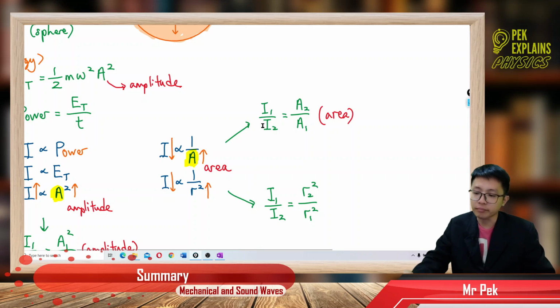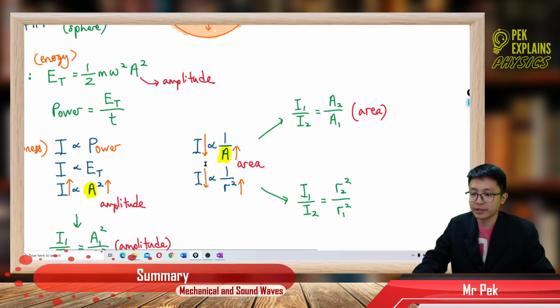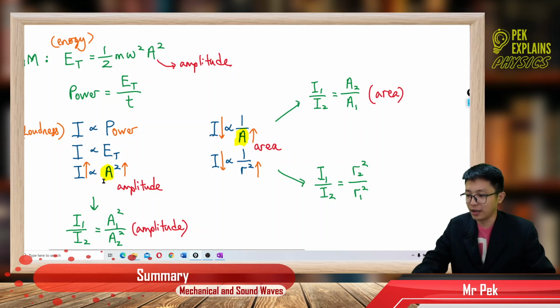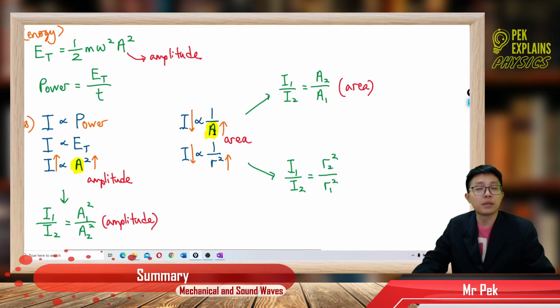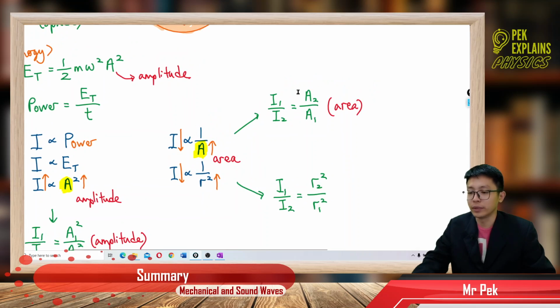So intensity is inversely proportional to the area. Be careful: if amplitude, it is proportional, but if area, it is inversely proportional. Same symbol, but different meaning. This is the amplitude square, and this is only area. So we can make a ratio like this.